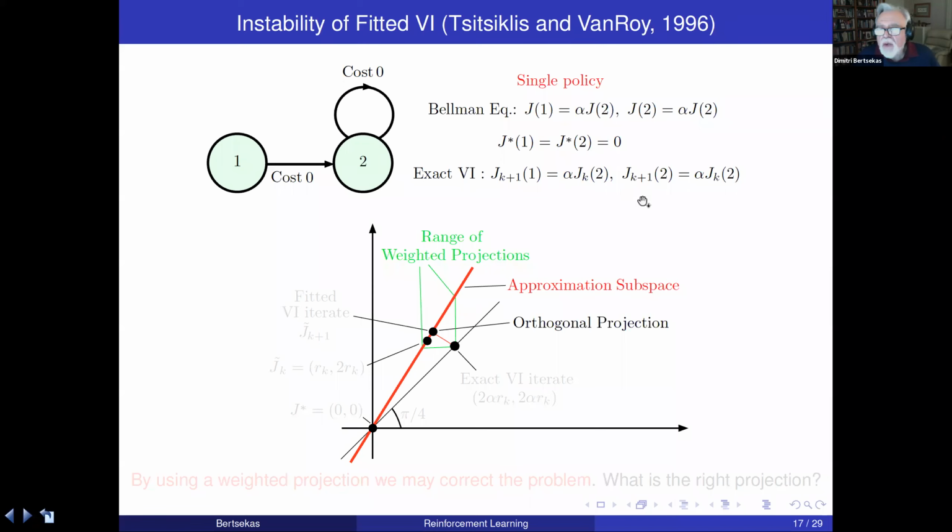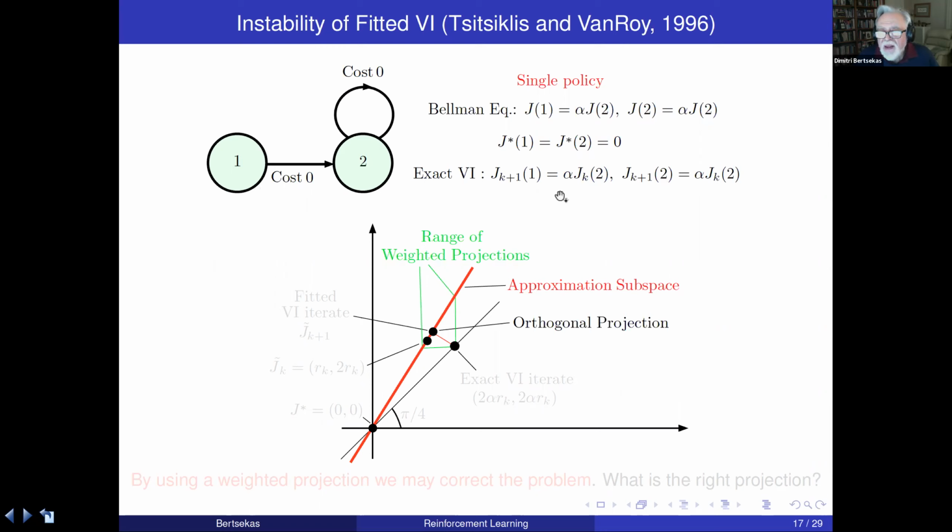And what is the value iteration algorithm? Okay, the value iteration algorithm has this form: Jk plus 1 of 1 is 0 plus alpha Jk of 2. Now at state 2, value iteration gives you 0 plus alpha Jk of 2 because you stay at 2.